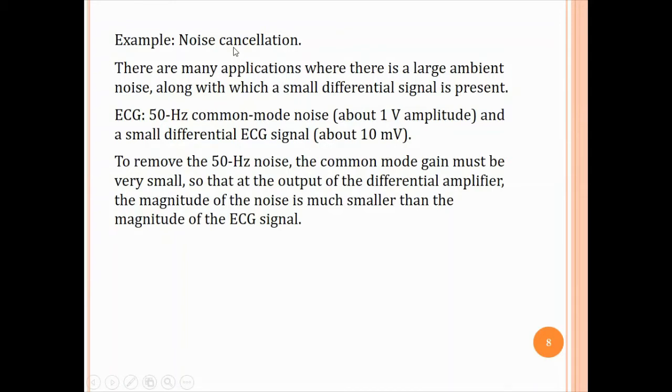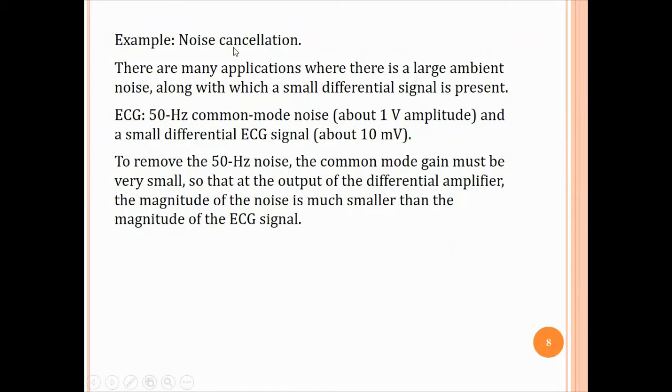50 hertz, or 60 hertz, 50 here, 60 in the US, I never remember, and it's 50 in India. So the 50 hertz power signal is picked up by the body as well as by the cables.